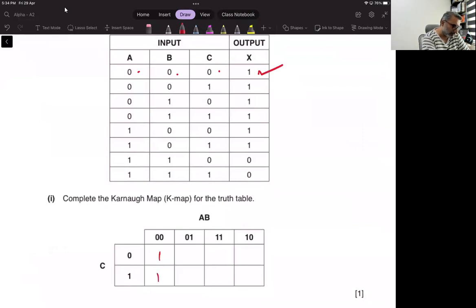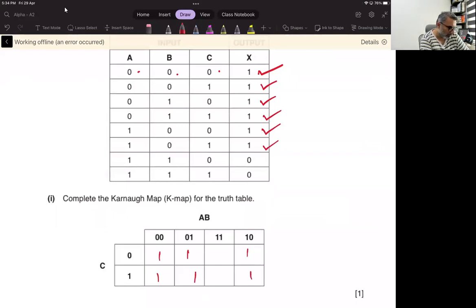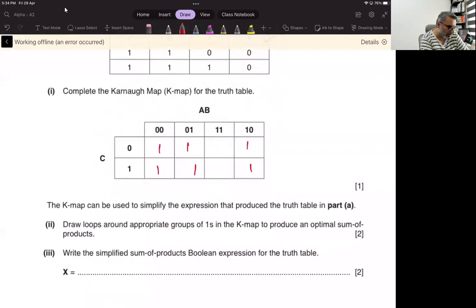This is 0, 1, 0. This is 0, 1, 1. This is 1, 0, 0. This is 1, 0, 1. Okay, there we go. Complete the Karnaugh map for the truth table.